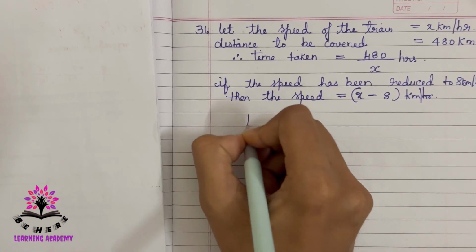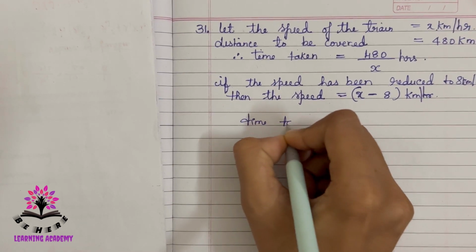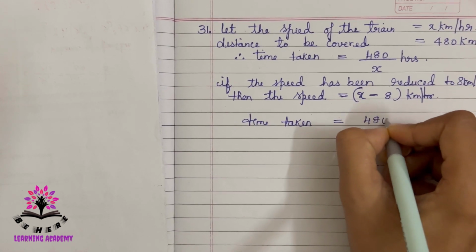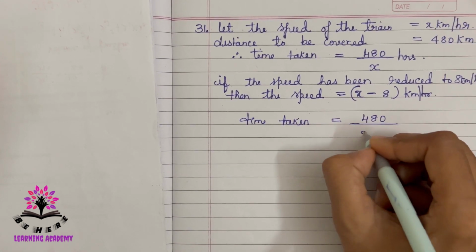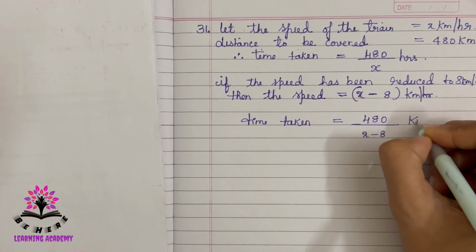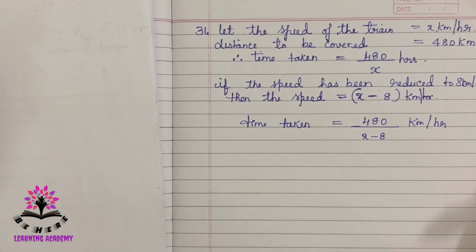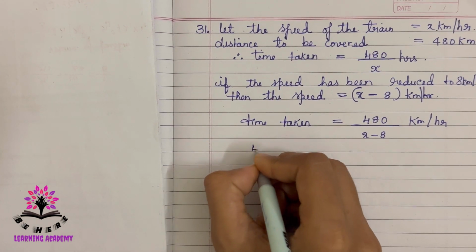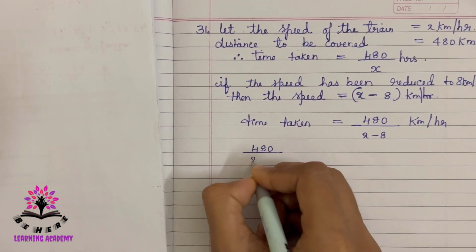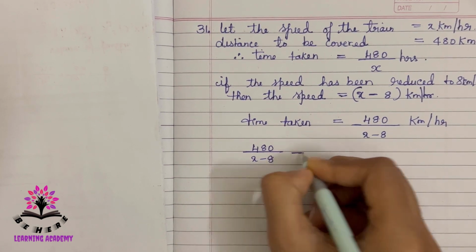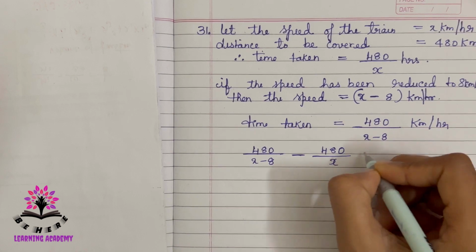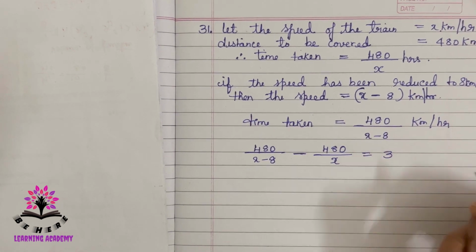So now you can write the time taken for this. Time taken, you can write it as 480 as it is, but the speed is reduced, x minus 8 km per hour. So from these two equations, I can write it as 480 divided by x minus 8 minus 480 divided by x will be equal to 3.